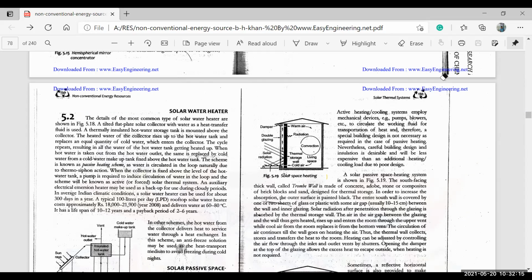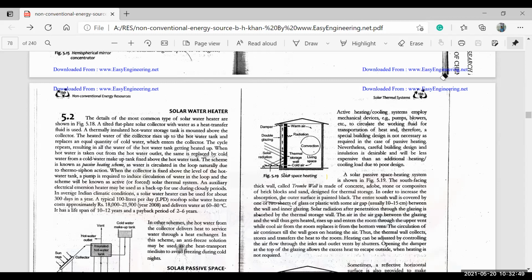In passive no moving parts are there, and in active we have pumps that are used. Okay, so for both, a flat plate collector is used to absorb the sun's ray energy to heat the water.